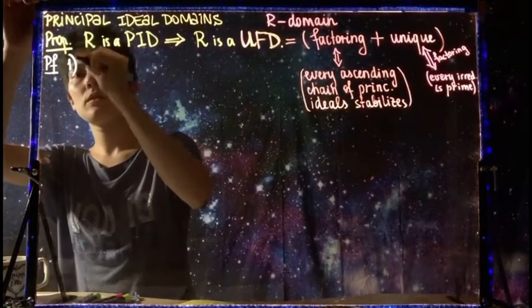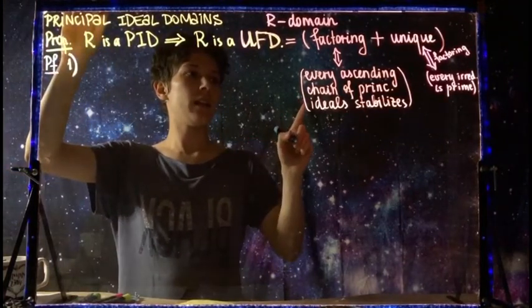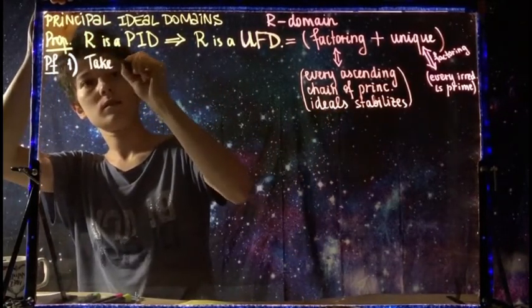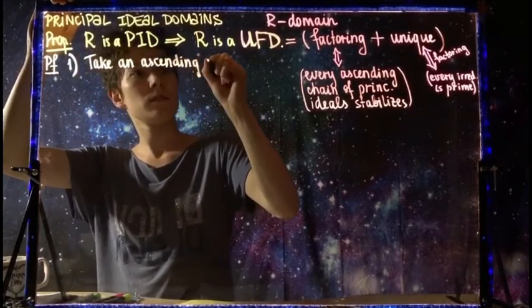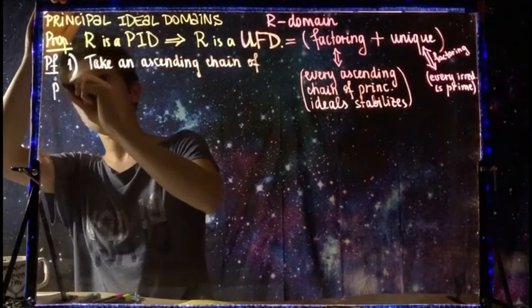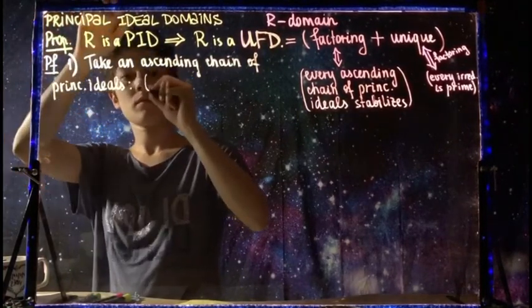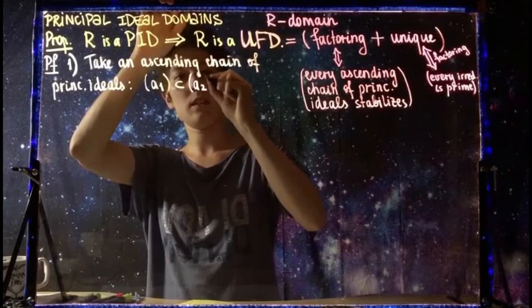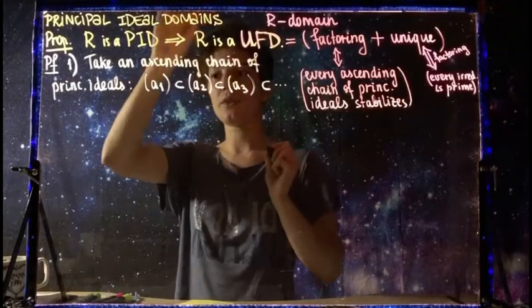So the first step, we take an ascending chain of principal ideals. So we have A1 is contained in A2, is contained in A3, etc.